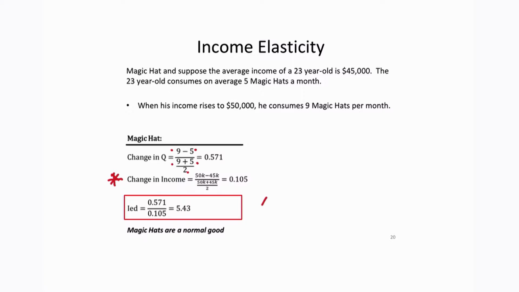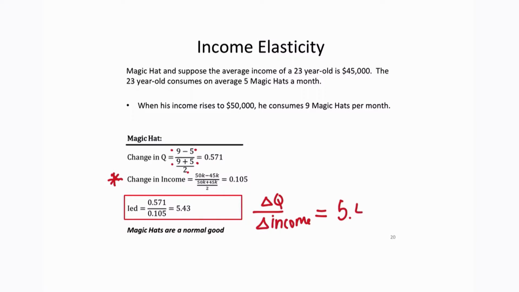We take the change in quantity divided by the change in income, and this tells us that our income elasticity is 5.43. Since this is a positive number, this tells us that as income rises, his demand is also rising.